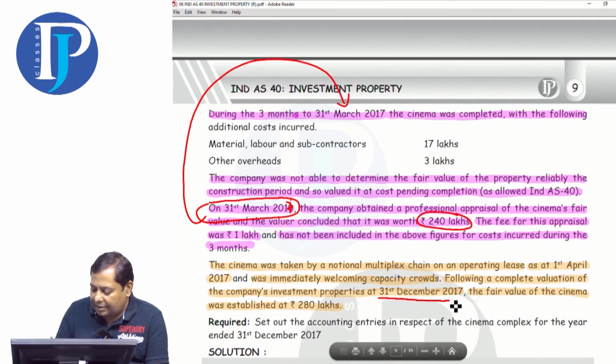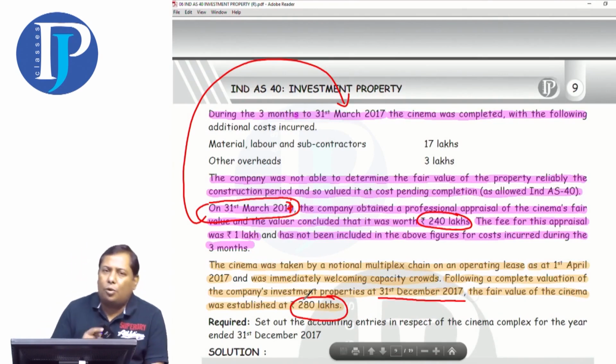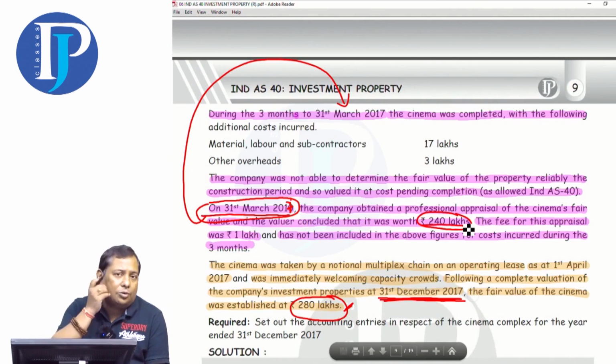When the time came for the balance sheet, its fair value became 280 lakhs. Let me repeat this again. Whether the fair value is 240 lakhs or 280 lakhs, it doesn't matter. It will go to the notes to accounts. In the books, the cost model is applied. We will show it at cost. So, if I were to do the accounting for December 31st, I would show 280 lakhs. For March 31st, I will show 240 lakhs in the notes to accounts.